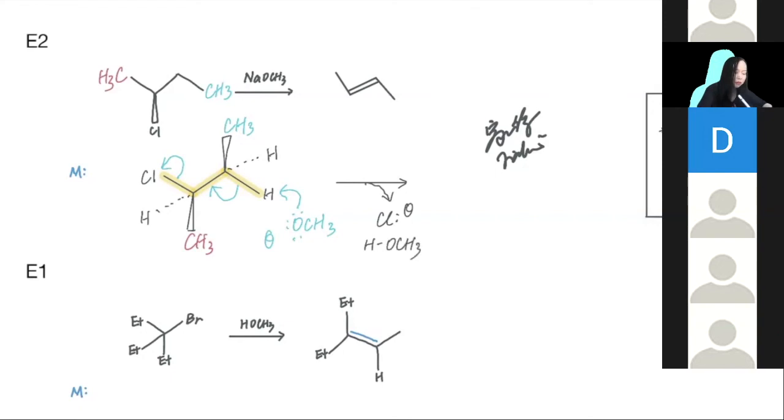So what you are forming is, because sp2 doesn't have wedge or dash, keep in mind, if it's a double bond, it's all in the plane. So this is the previous CH3, and this is the previous CH3. I didn't draw the hydrogen. Previously this was a dash hydrogen, but now it's just a solid hydrogen. So that's our compound. That's E2.